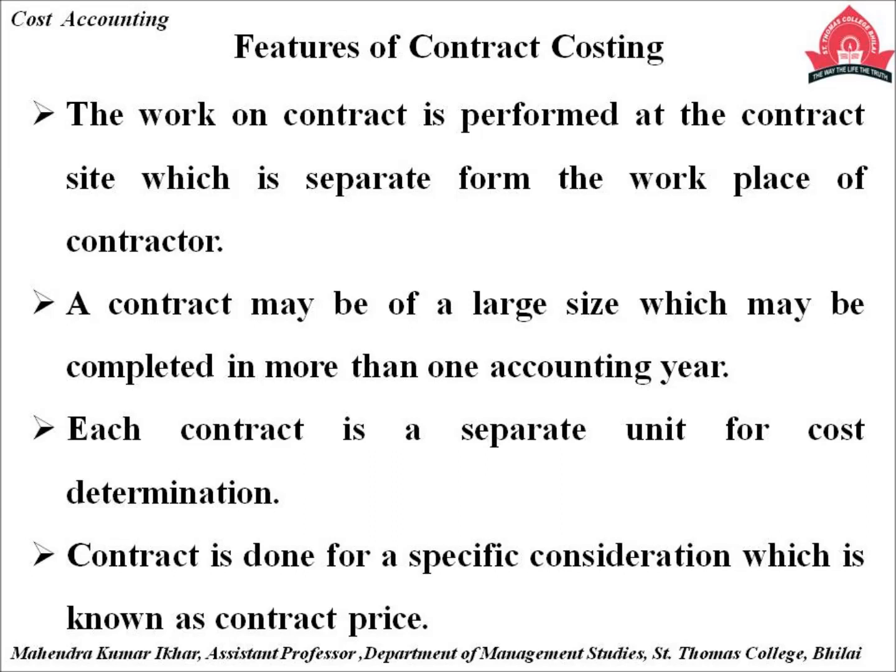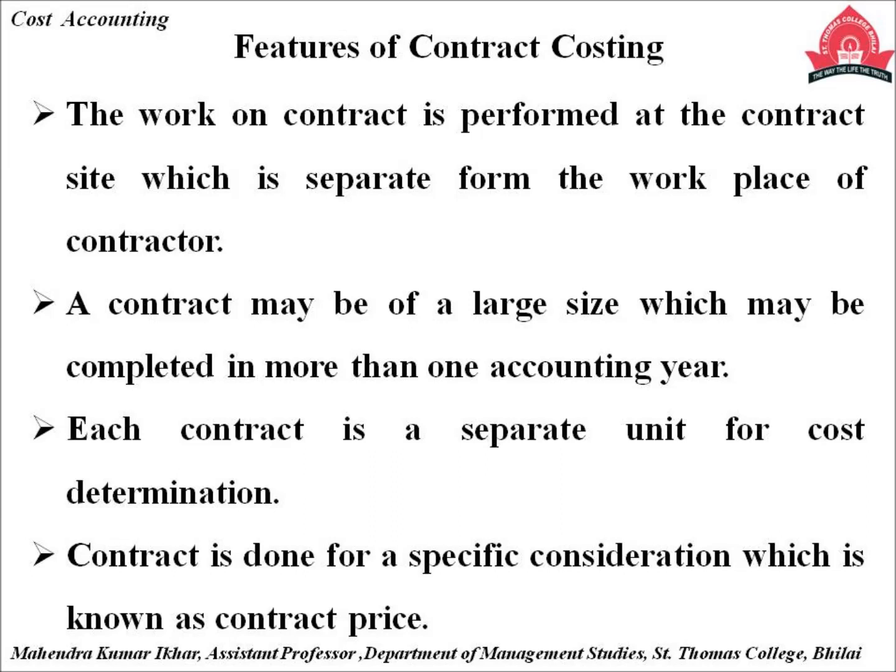Every contract is a separate unit for cost determination. Like if a construction company is constructing a building, a dam and a highway, the building will be one contract, the dam another contract, the highway another contract, and so on.